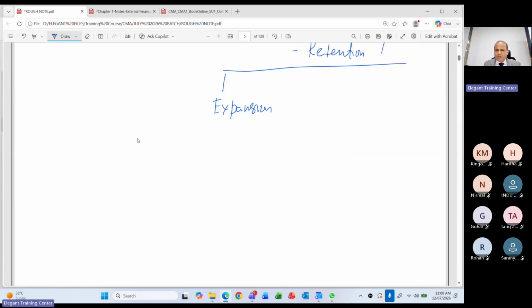Now, suppose you are an investor who wants a return. Why are you investing? For return. Investments are for return. Let's go beyond, okay?